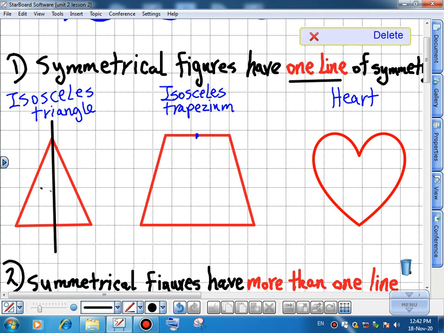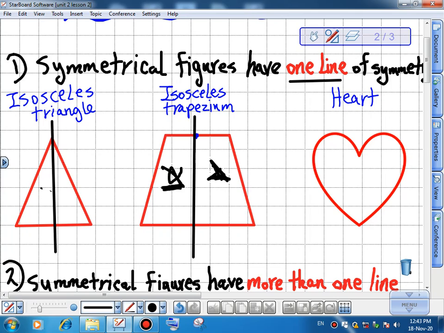The next one, the isosceles trapezium. In this trapezium, this side equals this side, so we call it an isosceles trapezium. This isosceles trapezium also has only one line of symmetry. We cut this trapezium into two equal parts like this: this part equals this part, the right side matches exactly the left side.